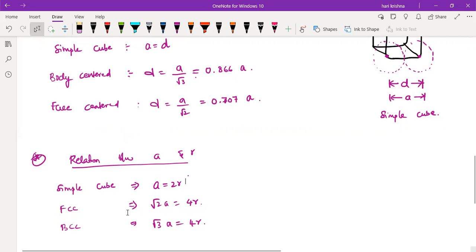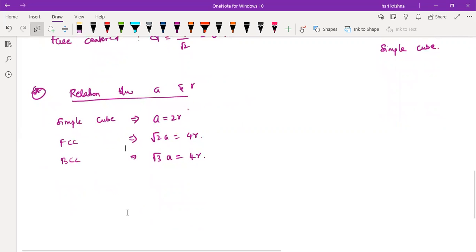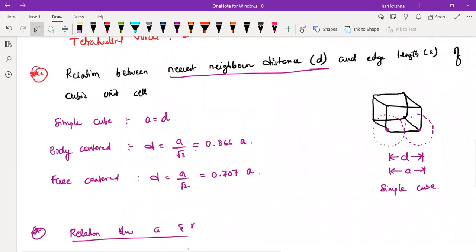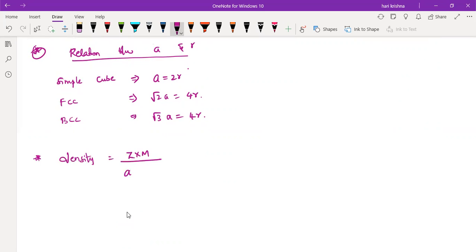I'm writing all the topics or formulas discussed in the previous complete chapter. Only this is the new topic, D and A distances. Next, the density formula again. Density is equal to Z into M by A cube into NA.